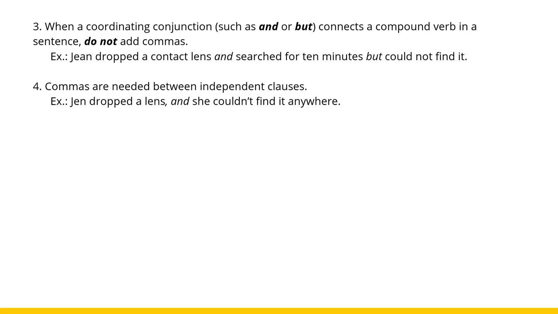And the following one, she couldn't find it anywhere, is a complete idea too, so it's an independent clause as well. So when you have these two complete ideas or independent clauses and you combine them with conjunctions, FANBOYS, then you need to put a comma before your conjunction. This is one of the most common rules we have for using commas. So try to remember, it's our compound sentence.